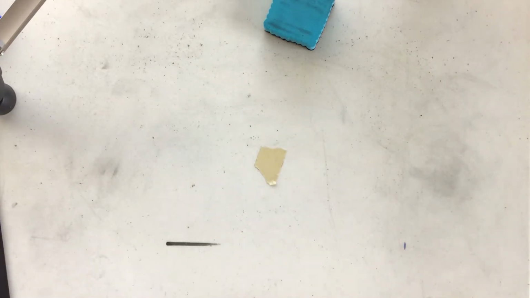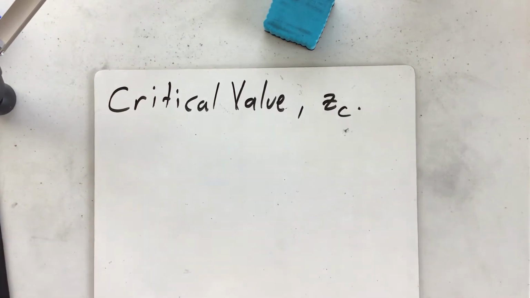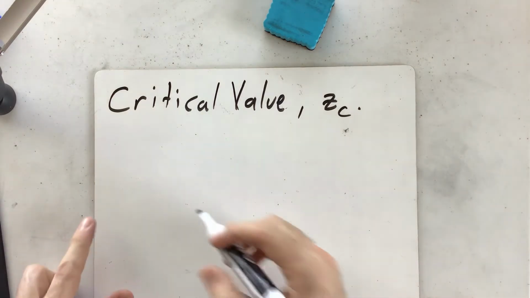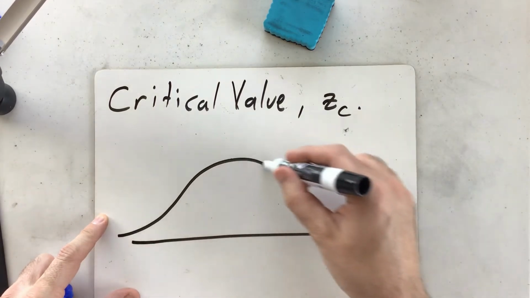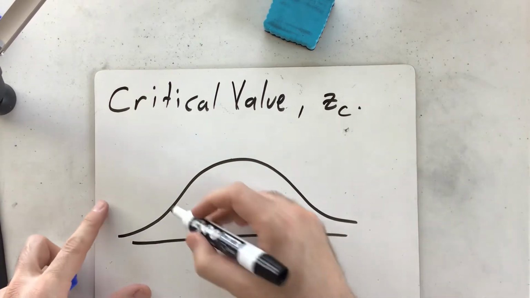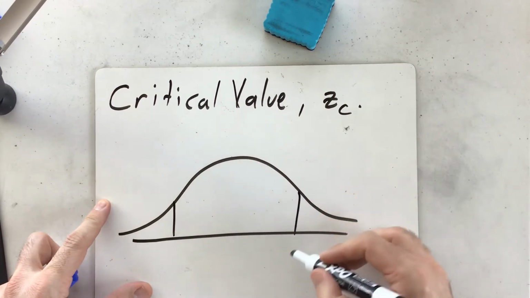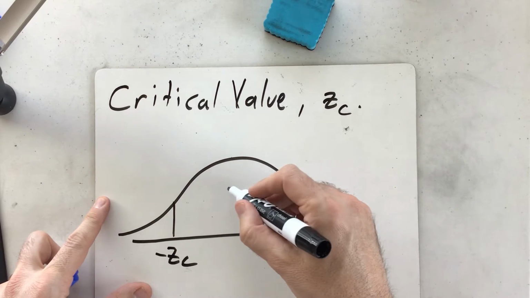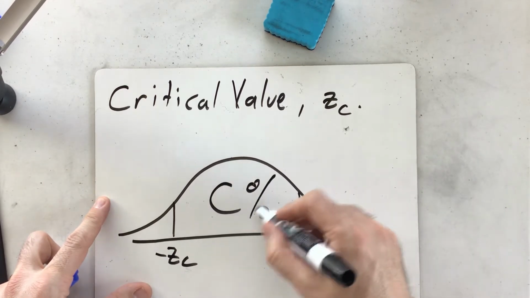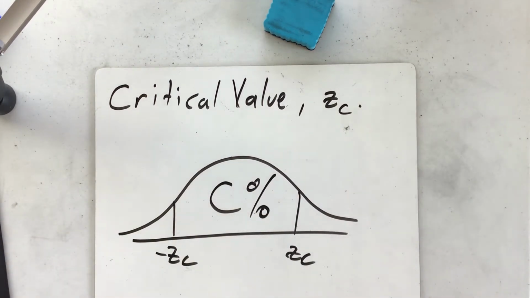Okay, so before we do this, we need to introduce an idea, and the idea is one of a critical value. A critical value, really simply, is just a value on a normal distribution. So if I have a normal distribution that looks like this, the critical value is the value right here, that if I put a negative value on this side, then I get whatever percentage I want in the middle.